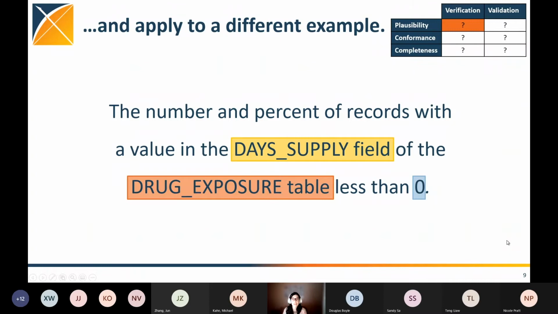And if we apply this to a different example, thinking about days supply in the drug exposure table, instead of year of birth, we're now looking for drugs that have a days supply less than 0, because most likely that is also some sort of error, and we'd want to address those records in some way. And so we're using the same statistic, the same calculation as the year of birth calculation, but now we're looking for wonky days supply values.